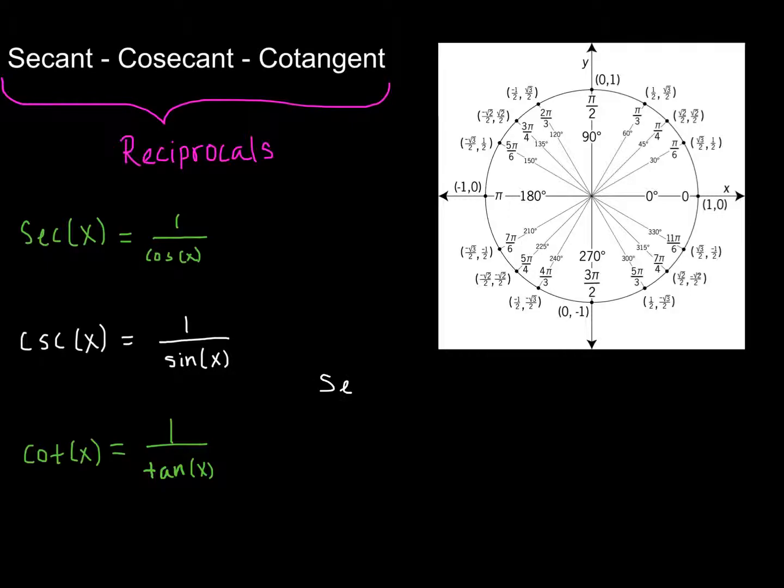Let's look at the secant of 7 pi over 6. You should try this on your own first. So the cosine of 7 pi over 6 is negative square root of 3 over 2. So the reciprocal of that is going to be negative 2 over square root of 3.